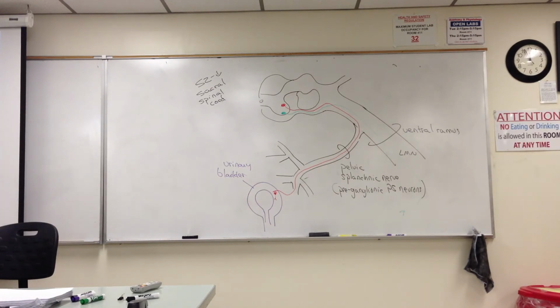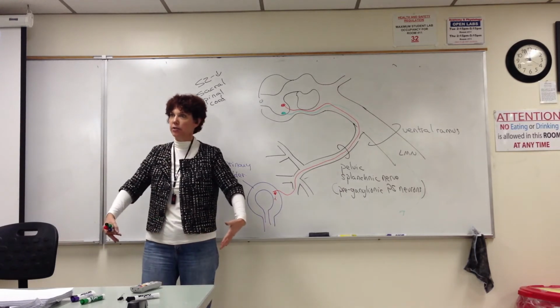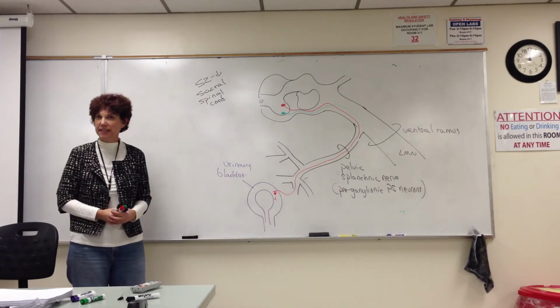So next semester, when we talk about reproductive activity, when we talk about the reflex for defecation or for urination, you're going to be miles ahead of everybody else because it's this pathway that we go through. Okay. So, briefly, when the bladder fills with urine, it's going to activate stretch receptors, which are sensory.